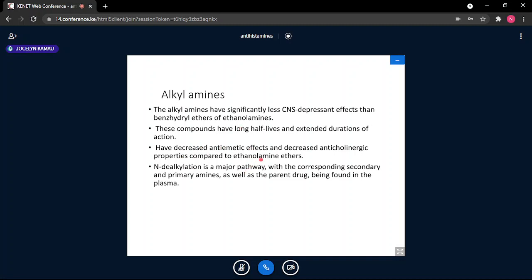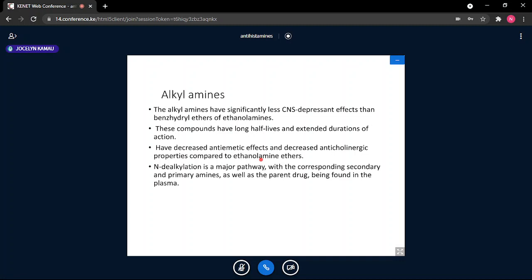Say the ethanolamines, because of that oxygen, they have more structural similarity with acetylcholine, and therefore once they cross the BBB, they will go for the acetylcholine receptor more than these other drugs. Once they go for the acetylcholine receptor, remember they are antagonists because of their big size.